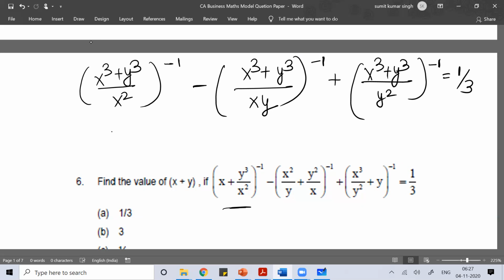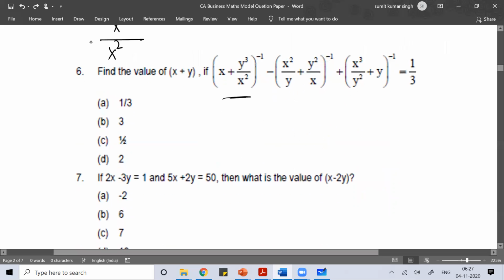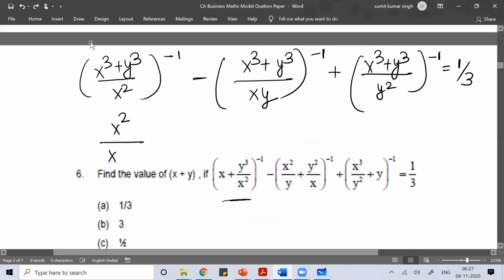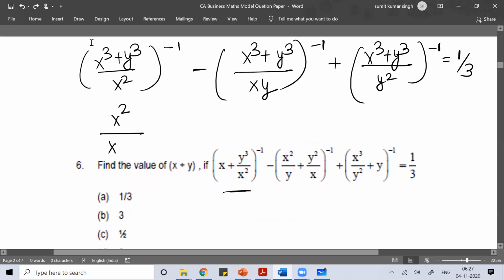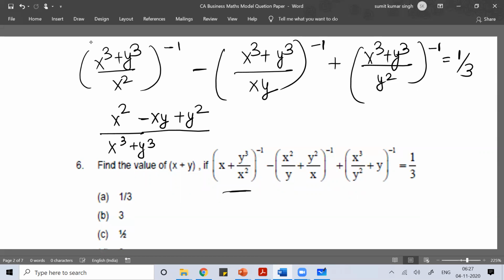So I can write this as x square by x cube plus y cube, the base is the same, minus xy plus y square, is equal to 1 by 3.